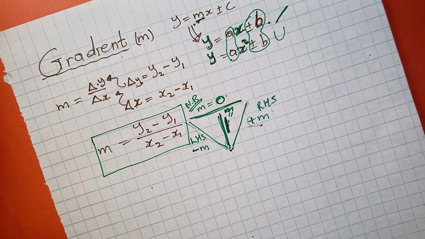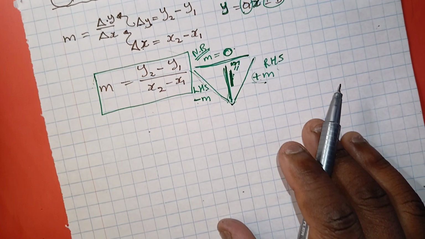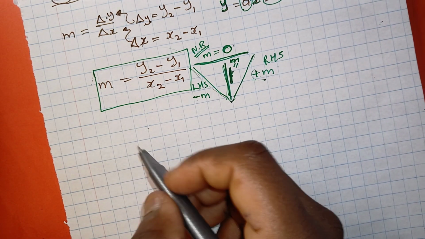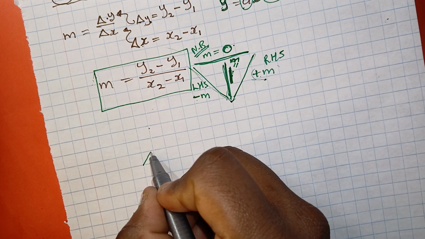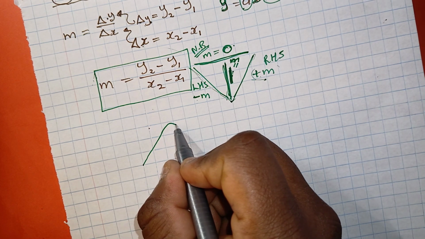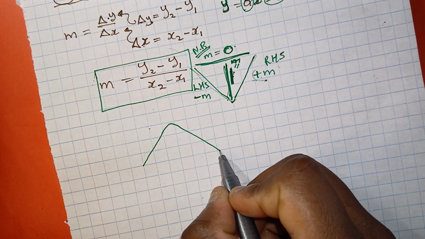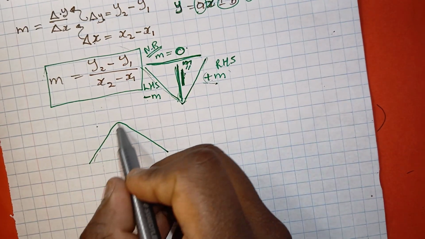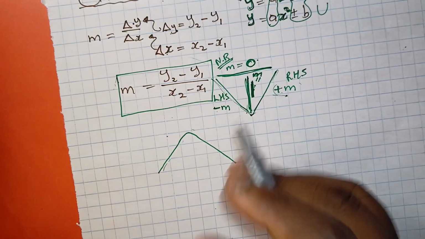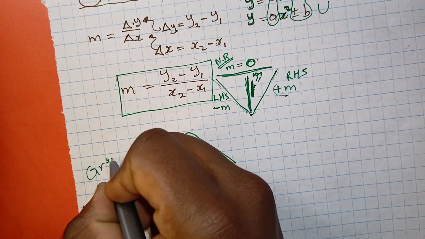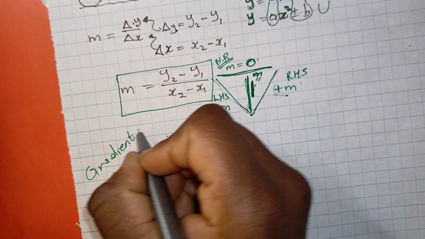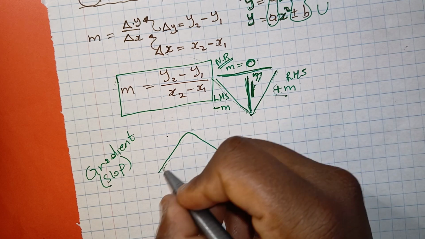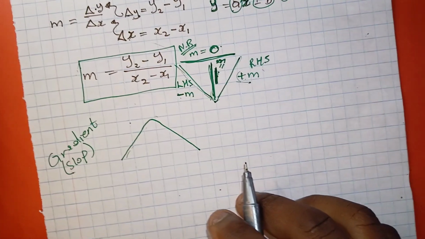Now a gradient, guys, just imagine I have a slope, a slope something like this. Do you see the slope? Imagine I have a hill. A gradient is the same as the slope, and this one is the hill.